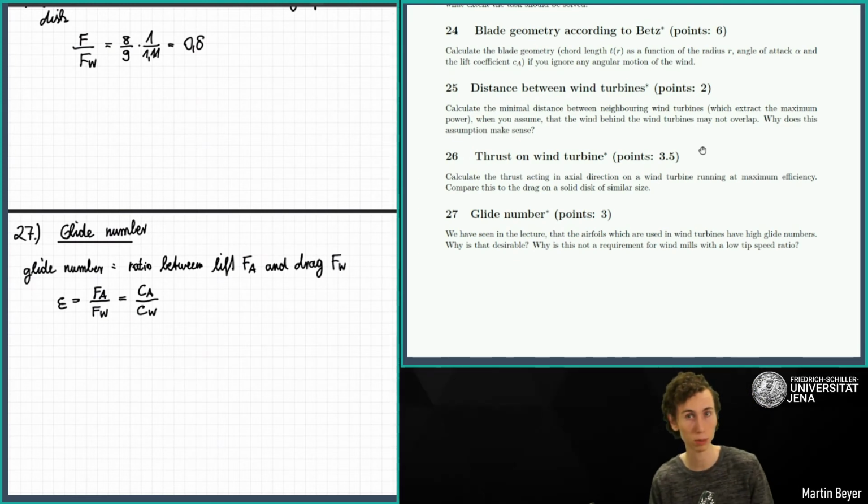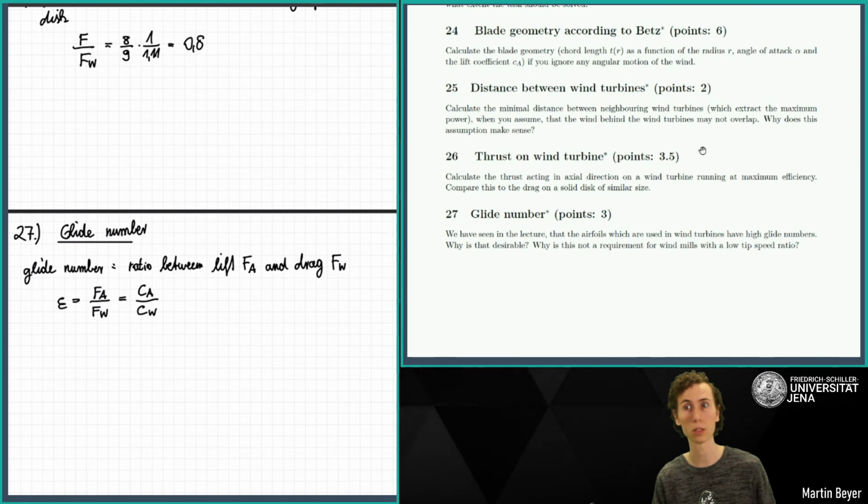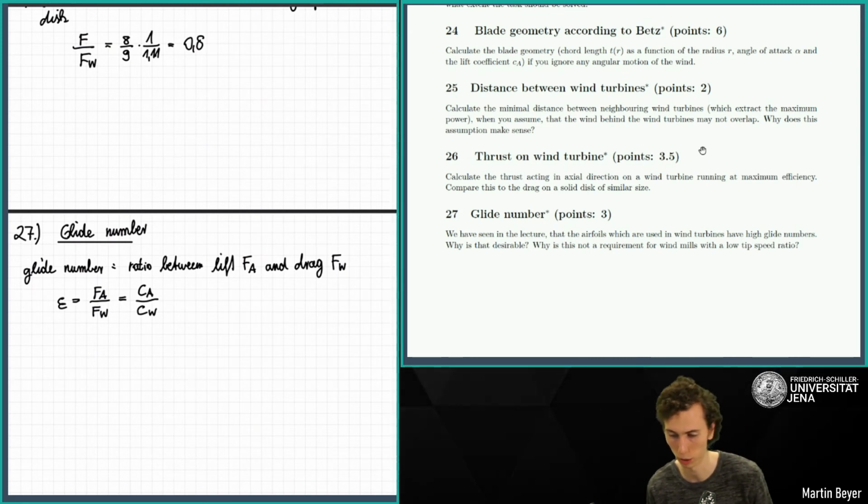We are aiming for wind turbines with high glide numbers because they can extract more of the power of the wind.